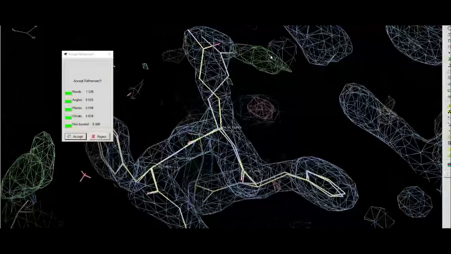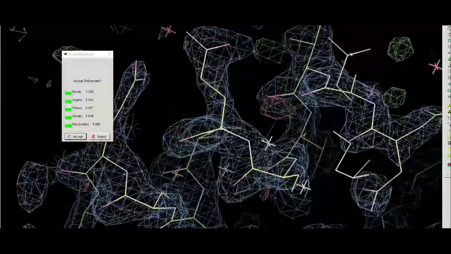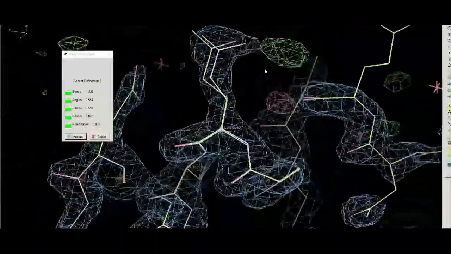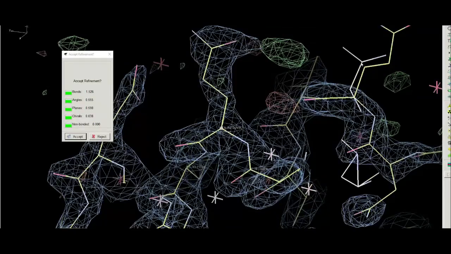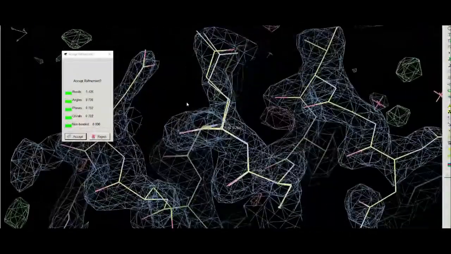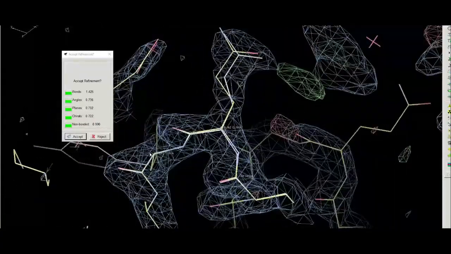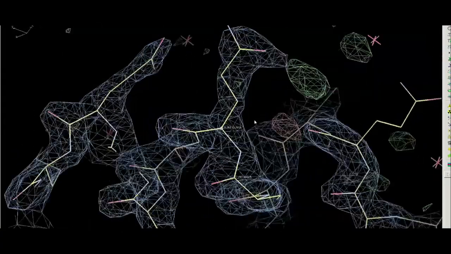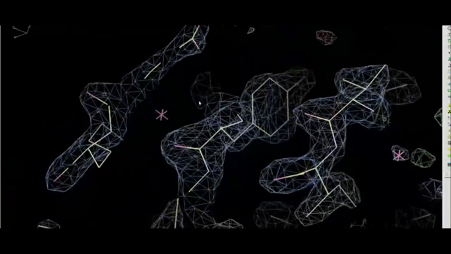And so I'm trying to get it to go up into that green there, but it doesn't seem to want to. See here, it's kind of gone off into nowhere. And so that's how you do real space alignments.